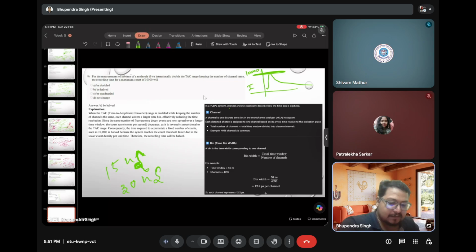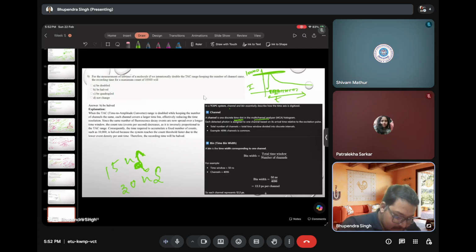Where you are making the histogram, this time here is the channel window. A channel is one discrete time slot. Let's say there are small fractions which are the time slots. In the multi-channel, we call these channels, the number of channels having the discrete time slots.